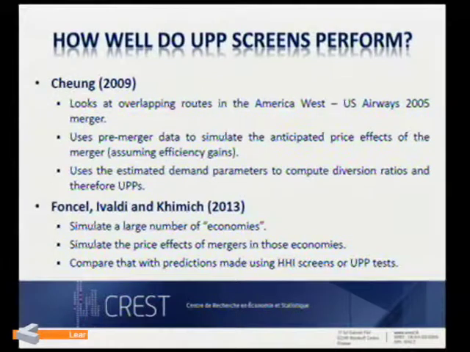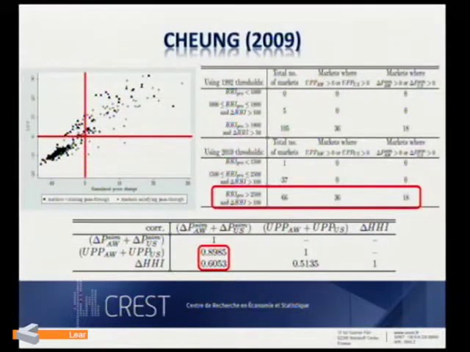So what you would have computed as price effect using merger simulation based on the available pre-merger data, and then using the estimated demand, compute diversion ratios and compute UPP values for those mergers, and compare the results that you would have using the UPP test and using merger simulation.